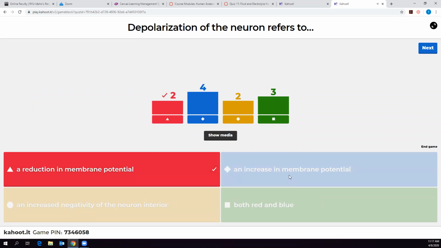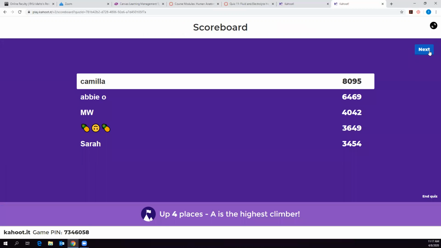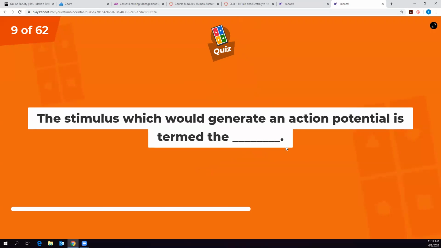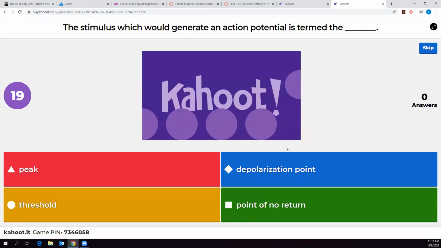That's hyperpolarization. So depolarization is a reduction in membrane potential. Now, if I made the inside of the cell more negative, then that would be hyperpolarized as well. And you can't be both. You can't reduce and increase at the same time. You've got to pick one. So it's a reduction in membrane potential. Oh, no changes. Okay.